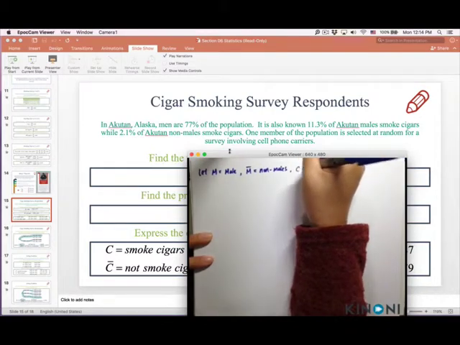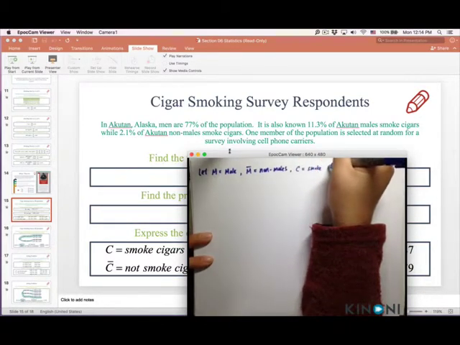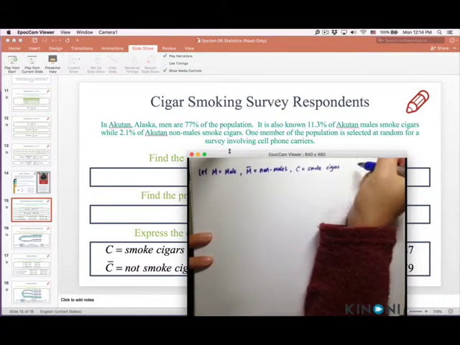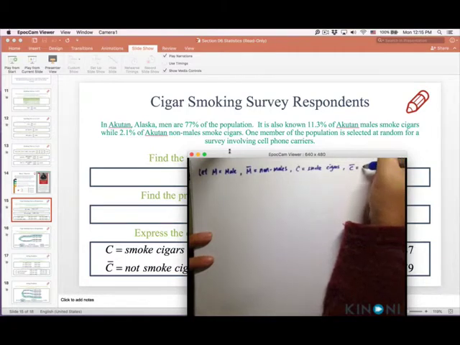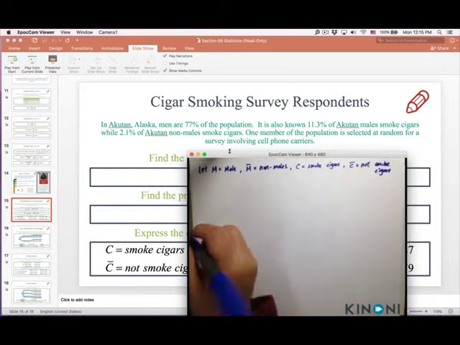So we're going to let C be the smoker, and the complement of C is the non-smoker. Okay, and let's present all this information using the tree diagram.